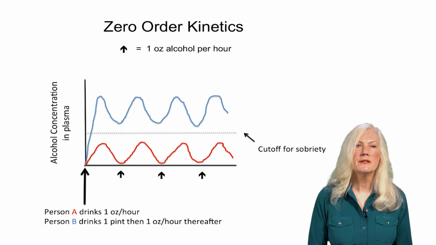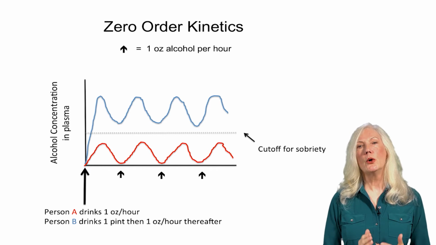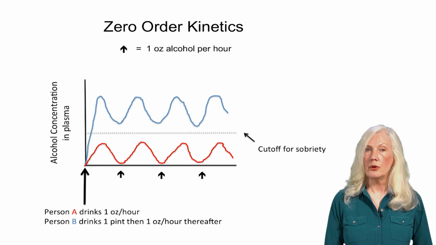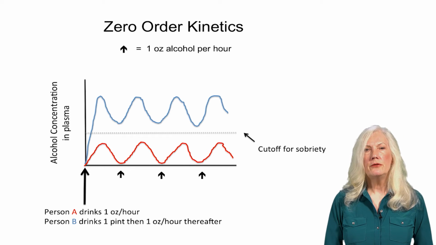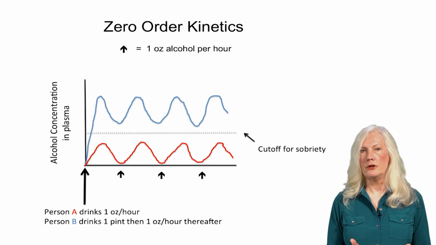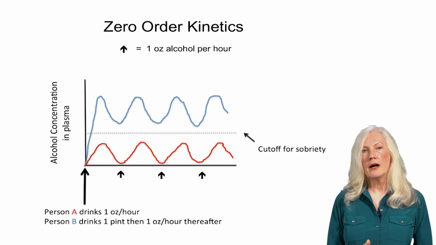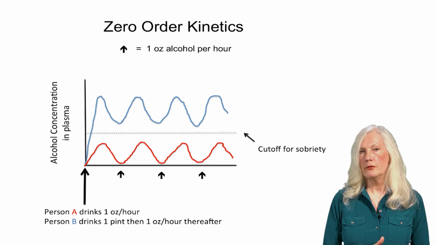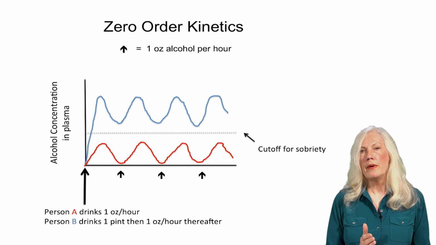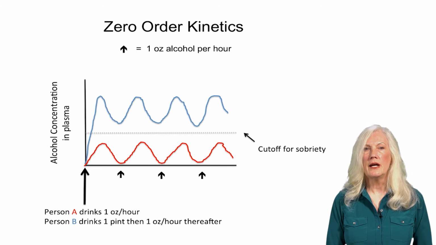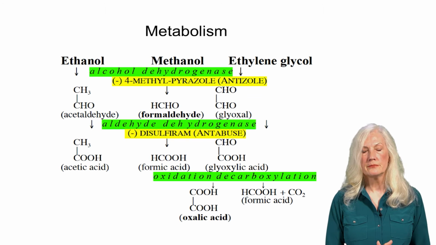This example emphasizes the importance of a loading dose for drugs that are metabolized by zero-order kinetics. Even if you take the drug religiously for years, if you need that loading dose, your blood concentration will never be sufficient to, for example, either kill bacteria in the case of antibiotics or control seizures in the case of an anticonvulsant.